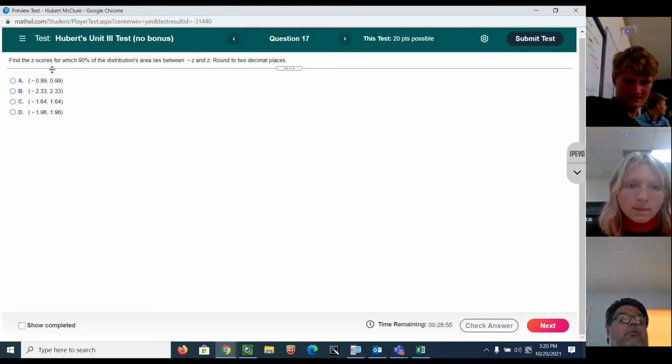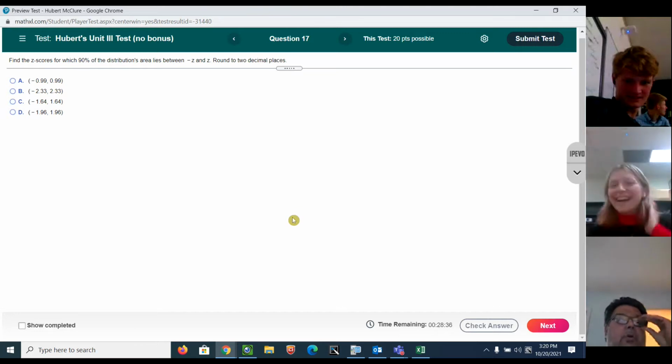Find the z-score for which 90% of the distribution lies between negative z and positive z. So I'm going to take my handy dandy curve again. You going to stay with me, Miss Wiles?